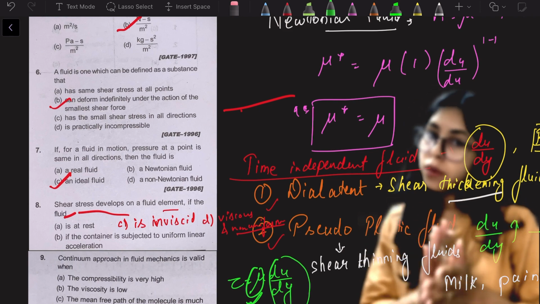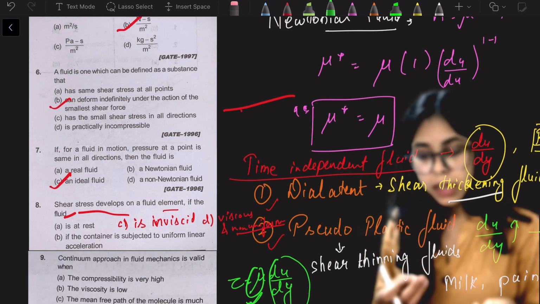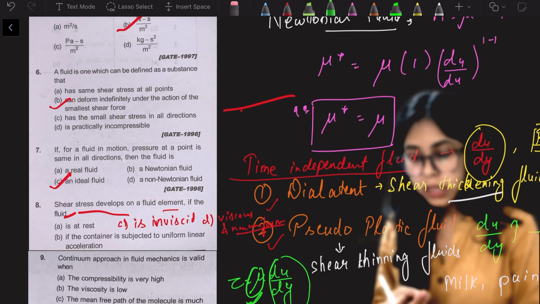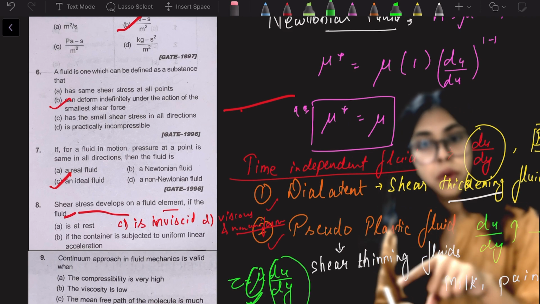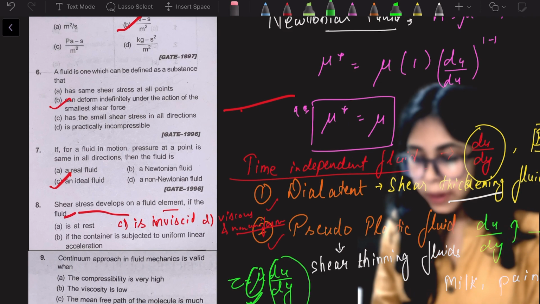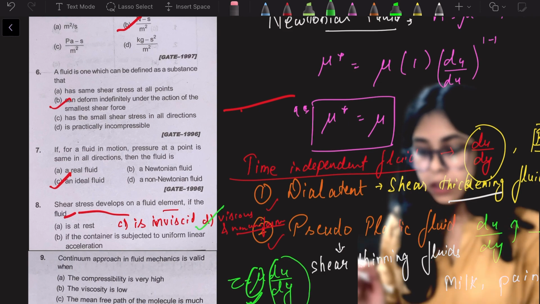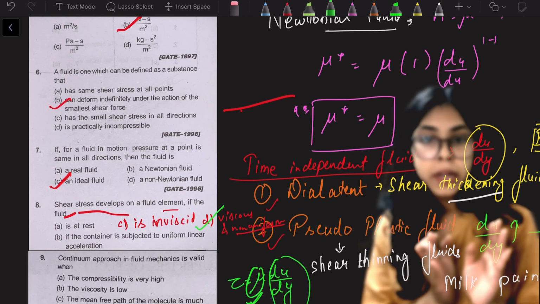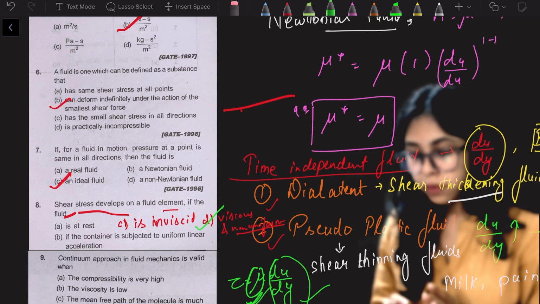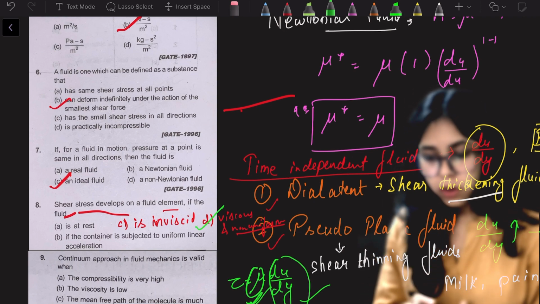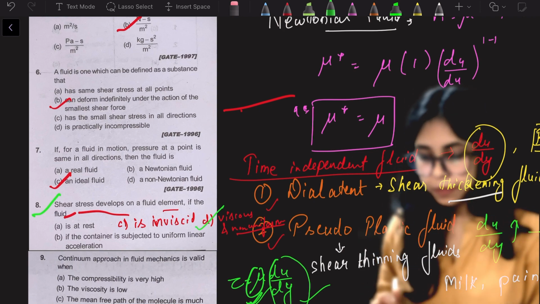So that will be uniform. If there is change in these particular parameters with respect to space, it is known as non-uniform. So it will be D definitely. For shear stress to be developed, there should be viscosity, there should be non-uniform flow. So question 8 is also done.